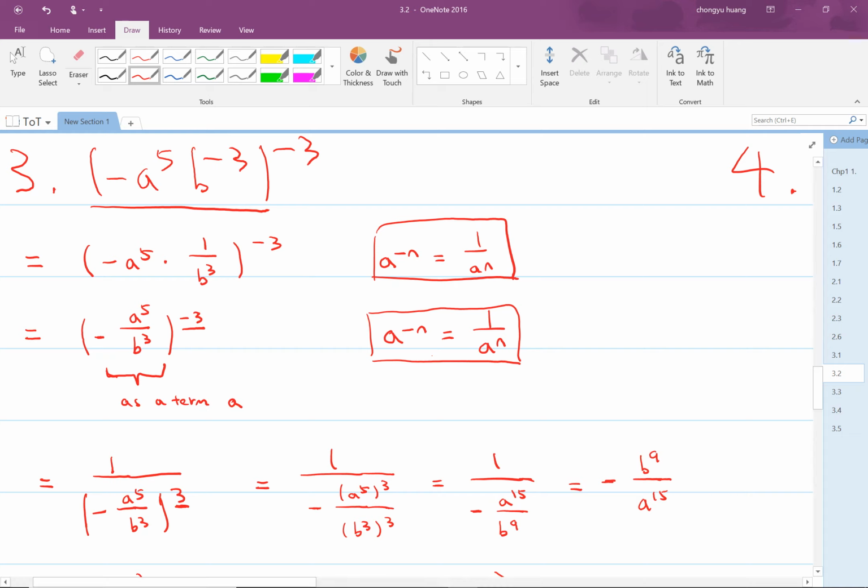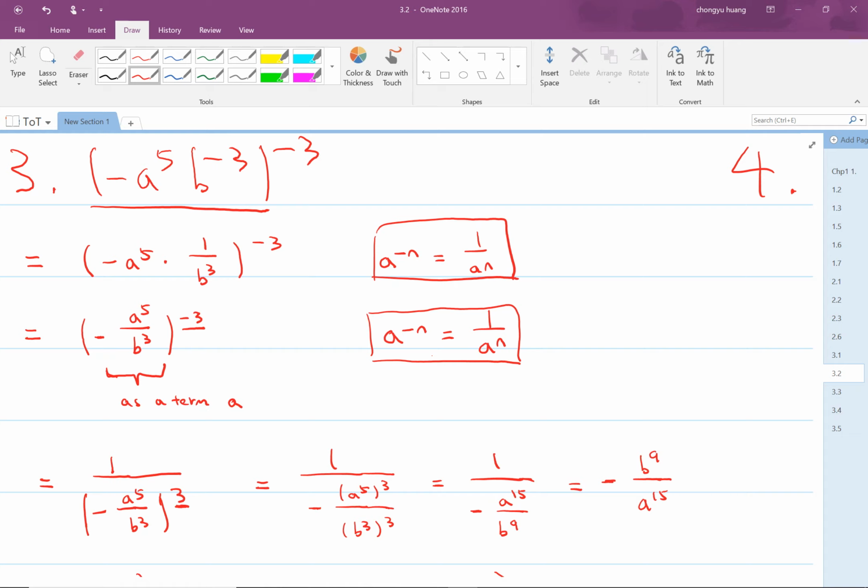Over here we have 1 over something. Whenever you have 1 over something, it's 1 divided by something, and that's basically a flip. So you just flip it to get rid of the 1. That's the main thing I want to talk about.